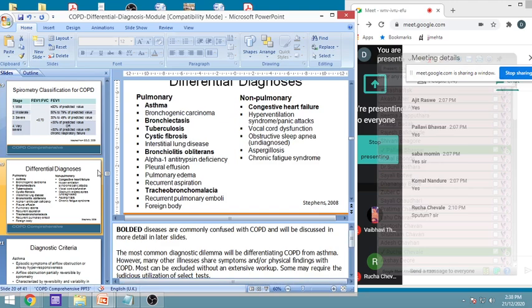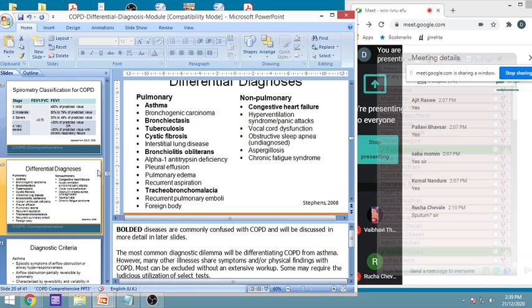Now we have already seen what are various comorbid conditions or situations for respiratory problems. We have categorized them into pulmonary and non-pulmonary situations. So there are conditions which have symptoms very similar to COPD, and that can cause confusion in the person, particularly in the clinician. Those which have almost similar signs can cause confusion whether it is COPD or that disease.